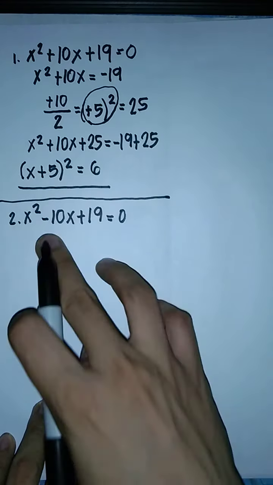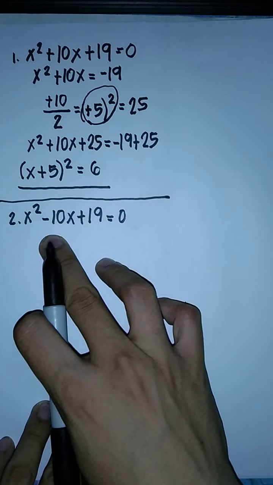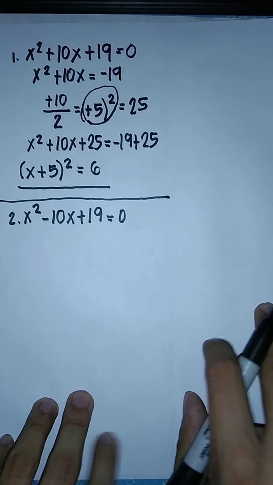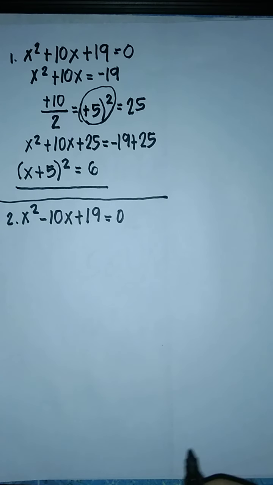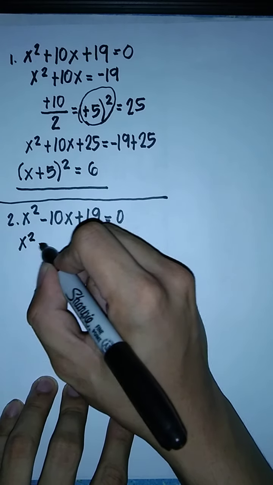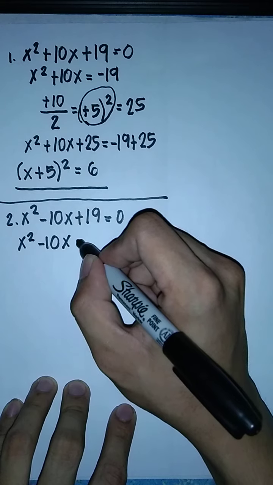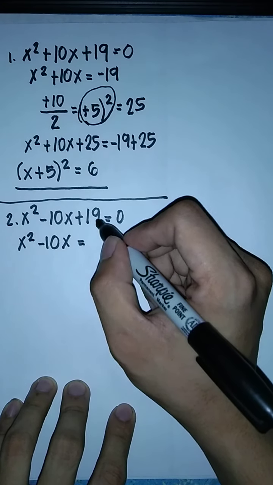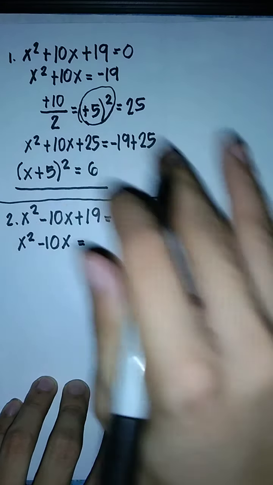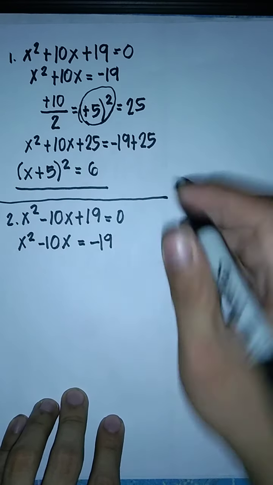On the other hand, on our second equation, we have negative 10x. But the same process will go on. So let's proceed. So x squared minus 10x is equal to, since we have numerical coefficient, we will transpose that. So we will have negative 19.